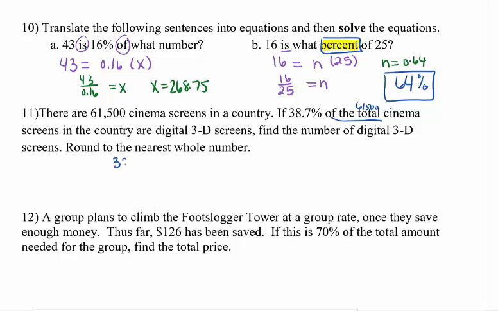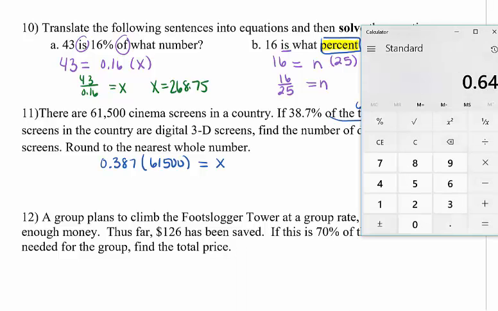So 38.7, and remember we move it 2 places to write it in a decimal format. So it's 0.387 of the 61,500 is how many are digital 3D screens. This tells me to round to the nearest whole number. So I'm going to pull my calculator up.